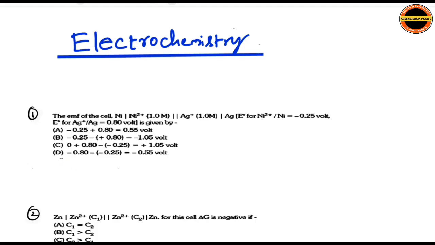We know whatever they give first is the anode, and the other is the cathode. Now see the solution.